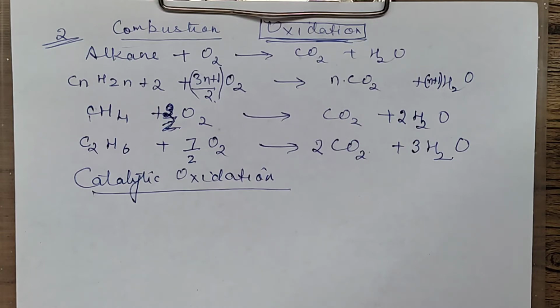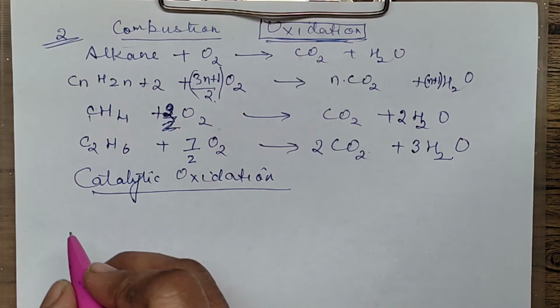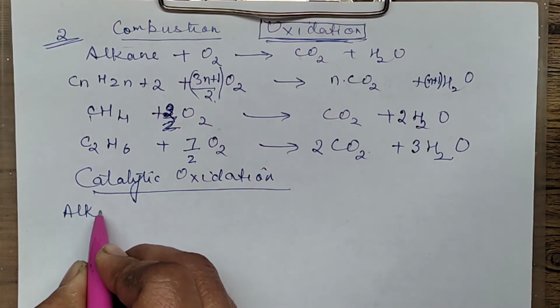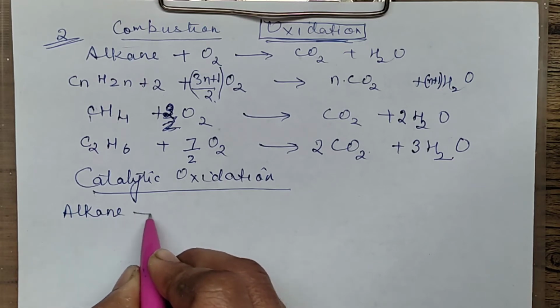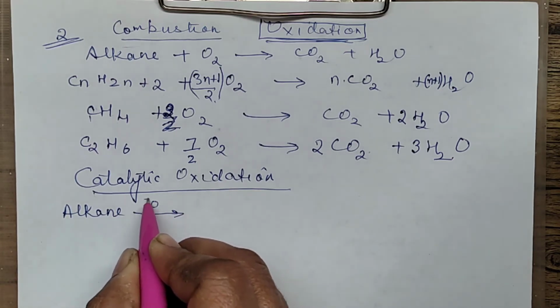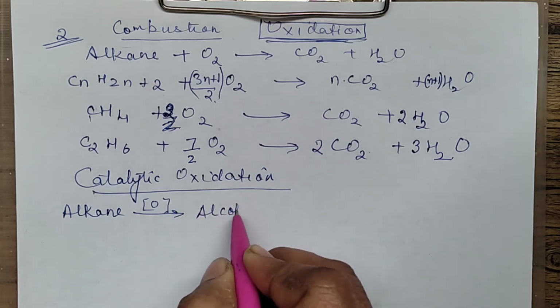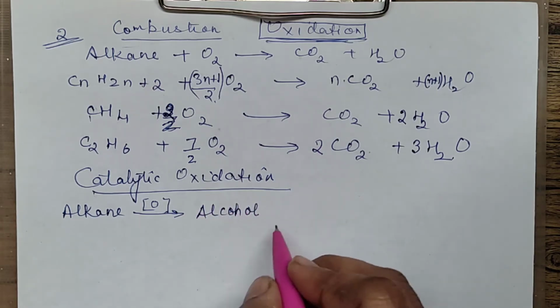One thing you will remember in the complete organic chemistry is the sequence of the oxidation. If you start with alkane and carry out the oxidation, alkane will undergo oxidation and result in the formation of alcohol.